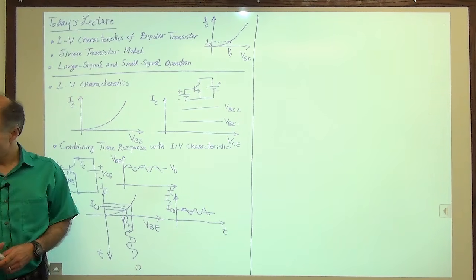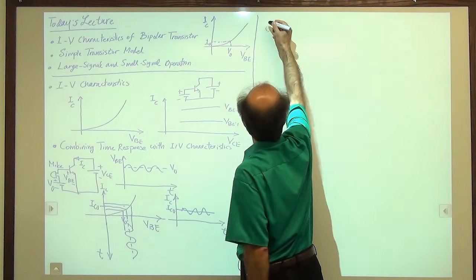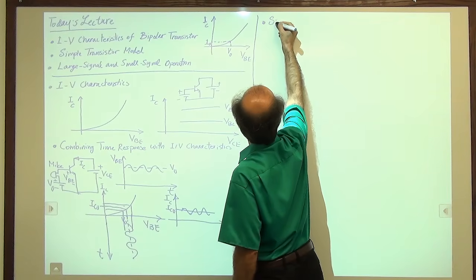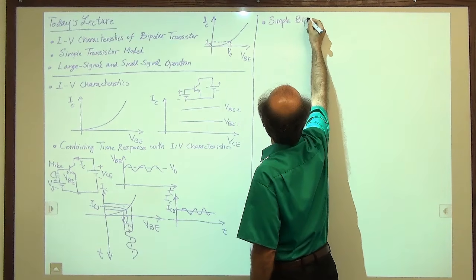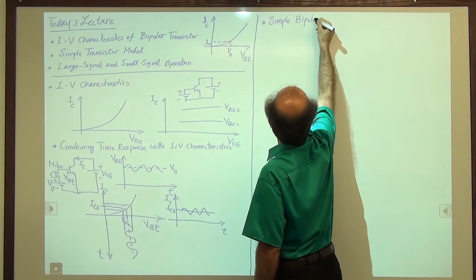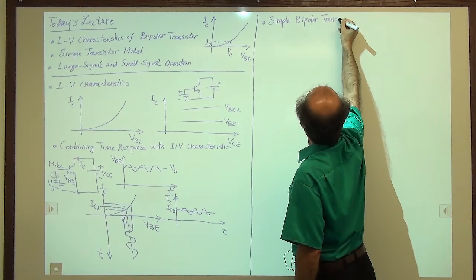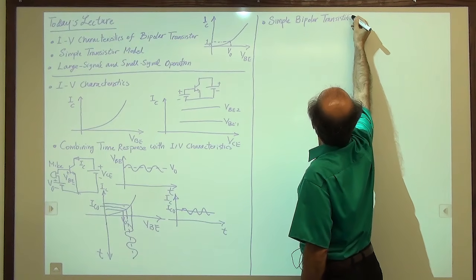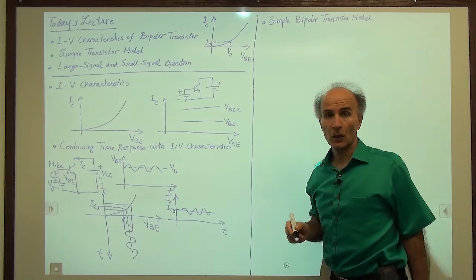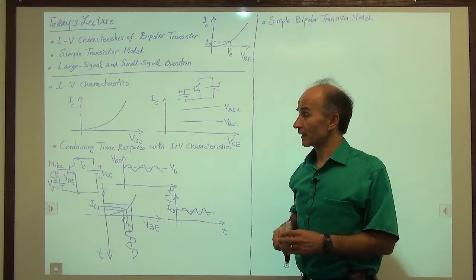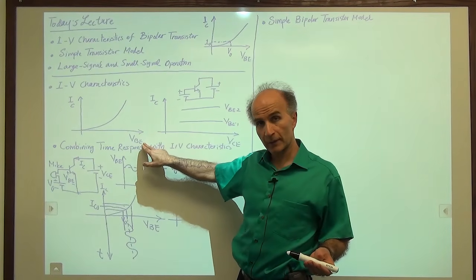All right, so with that, we are now ready to look at the simple bipolar transistor model. Okay, well, what we do know is that the collector current as a function of the base emitter voltage is an exponential.